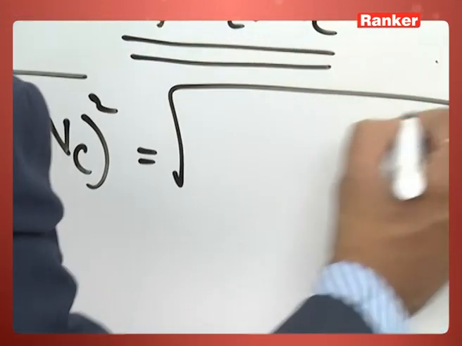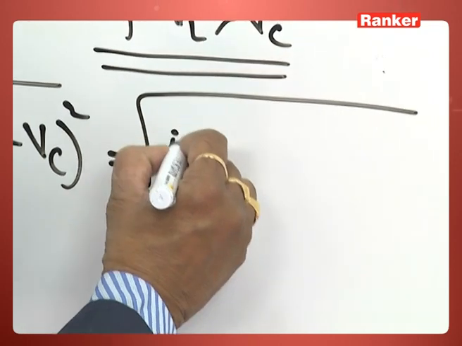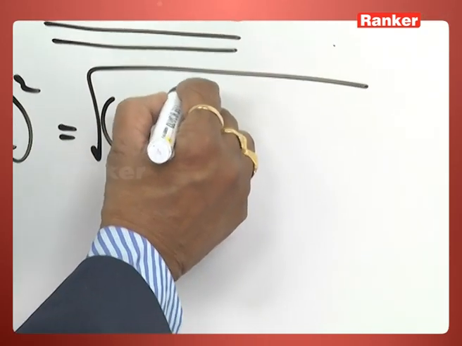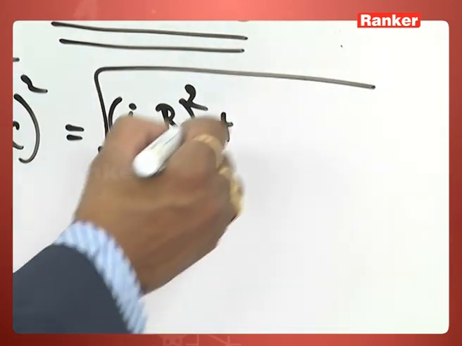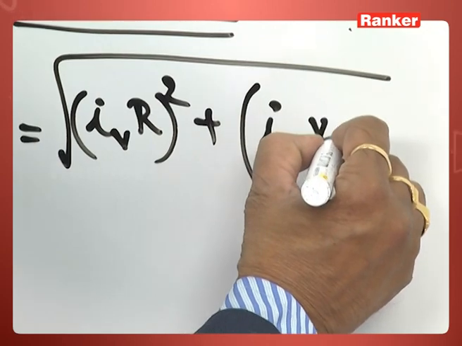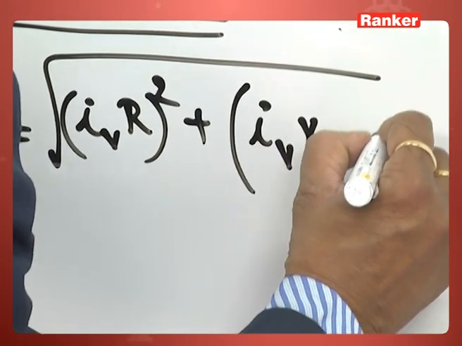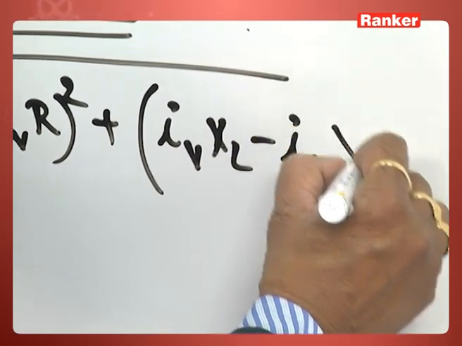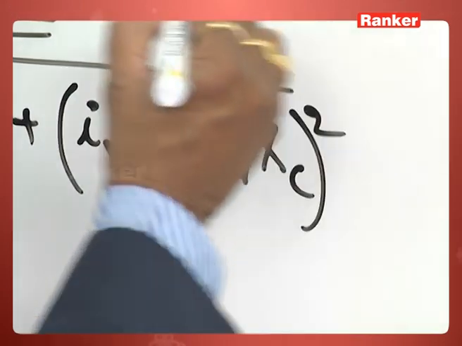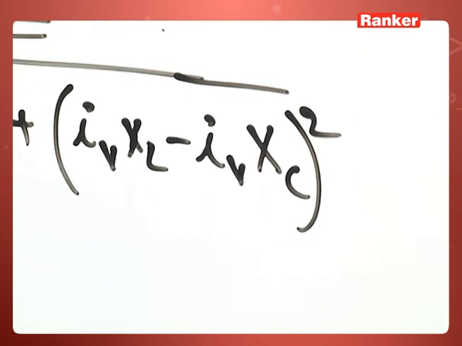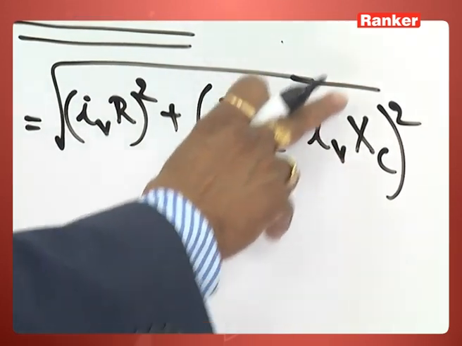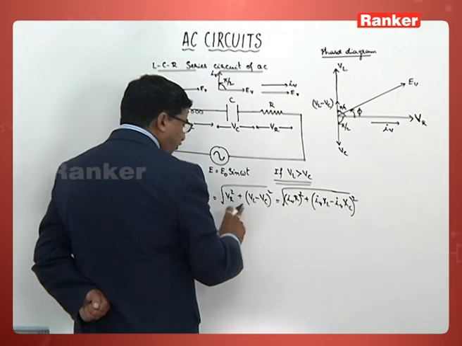It is root under virtual value of current into resistance whole square plus virtual value of current into XL minus virtual value of current into XC whole square. Directly we can write, this is VL, this is VC, VL minus VC whole square plus VR square.